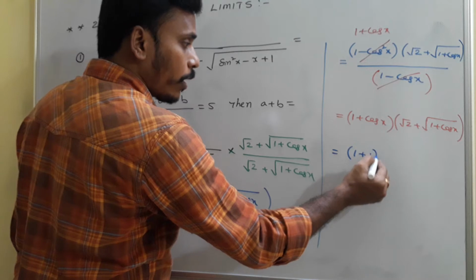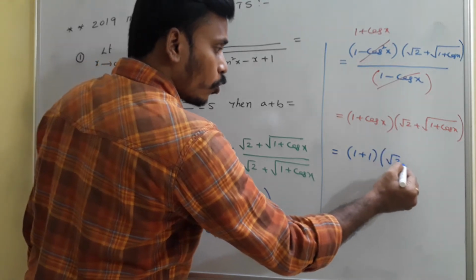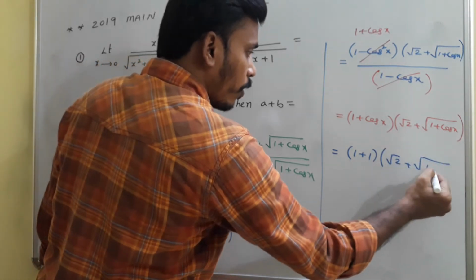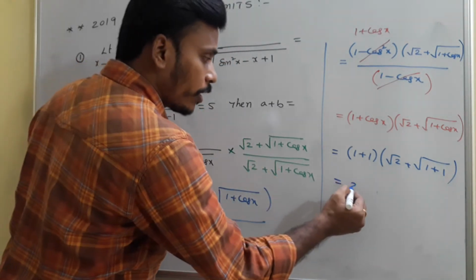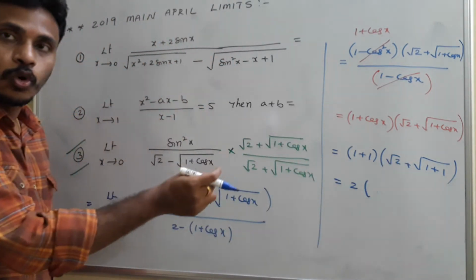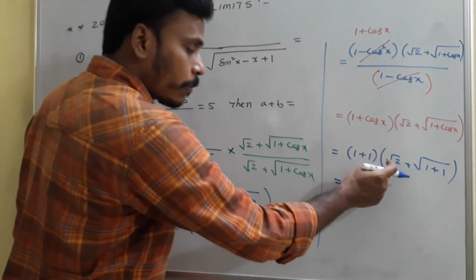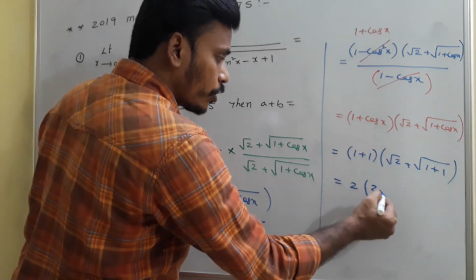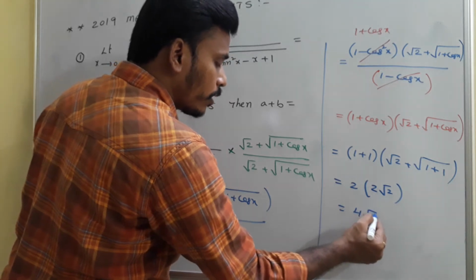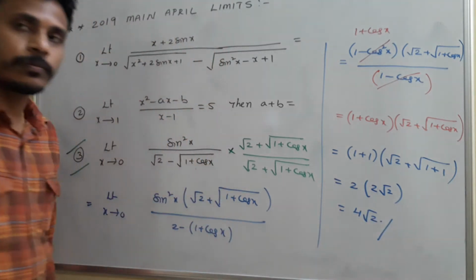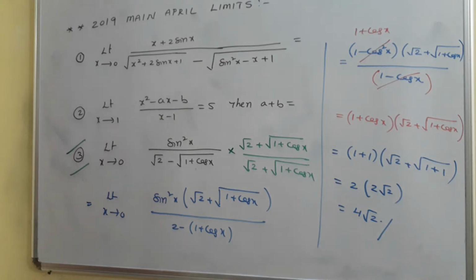So (1 plus 1) into (root 2 plus root of 1 plus 1), because cos 0 is 1. This 1 plus 1 is 2, and there it is root 2 plus root 2. First term is root 2, second term is root 2, which is 2 root 2. And 2 into root 2 is simply 4 root 2. Have a look at that. Our answer for the problem is 4 root 2. Okay.